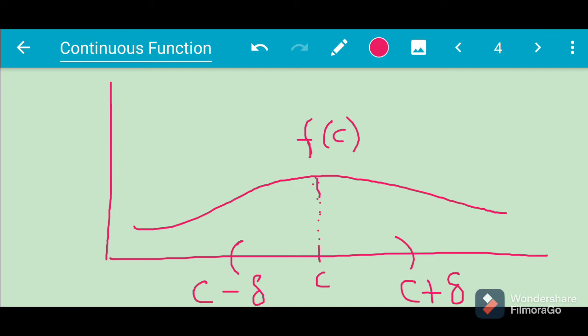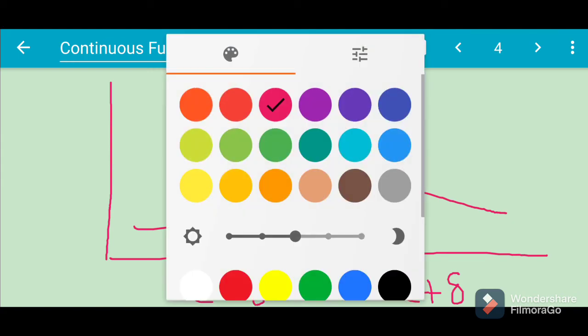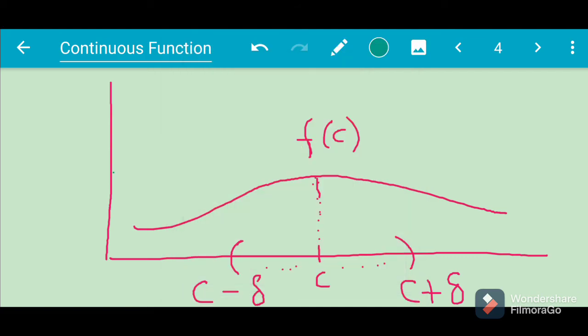What the definition is saying is that whenever my x lies within this interval, f(x) lies in a neighborhood of this point. Now think in this way: this is f(c) plus epsilon, and this is f(c) minus epsilon.